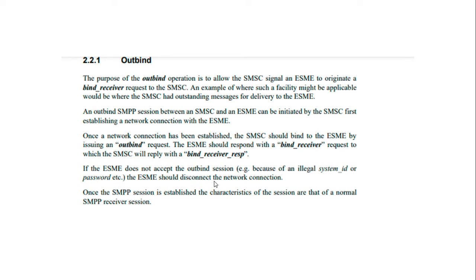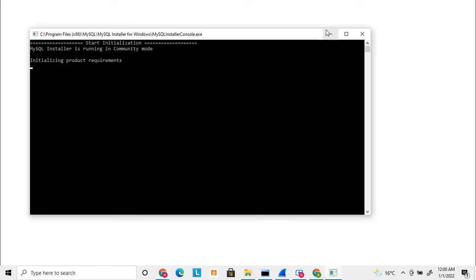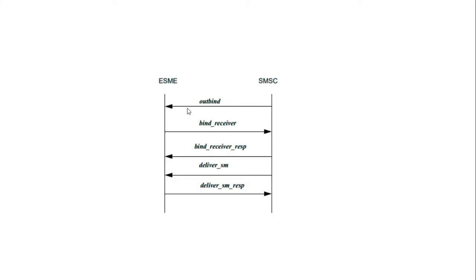There is another kind of bind request possible, which is called outbind. Basically, the bind request is normally sent by the client to the SMPP server, but here the SMPP server initiates a request to the ESME so that it can establish a bind receiver.